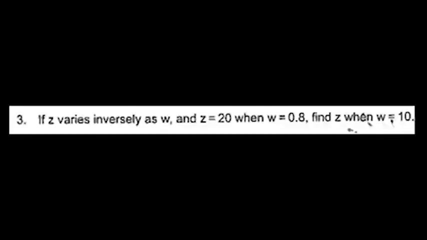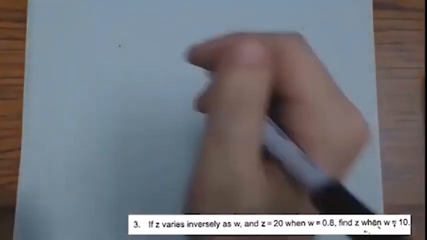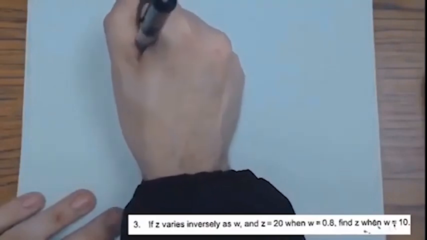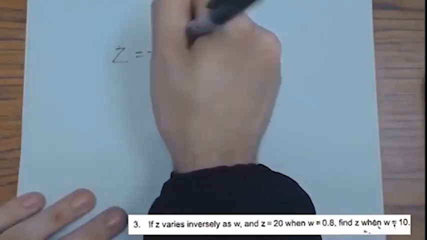And number 3 here, z varies inversely as w, and z equals 20 when w equals 0.8. Find z when w equals 10. We're going to break it down the same way. First, a translation. Z varies inversely.